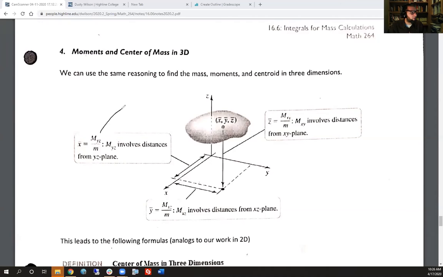So this Myz is telling us something about the tendency of that object to rotate around the yz plane. And so we would always be looking for the distances from that yz plane, and the distance from that yz plane will be an x value.